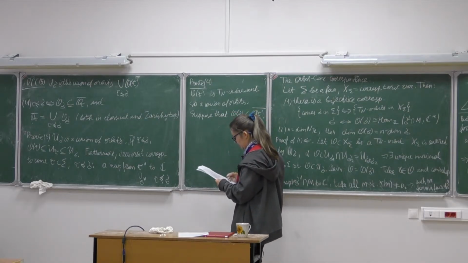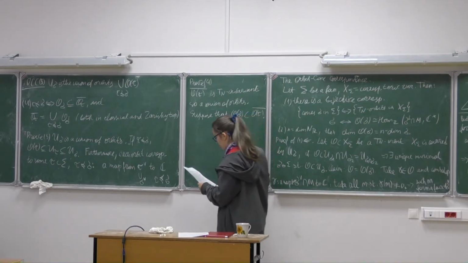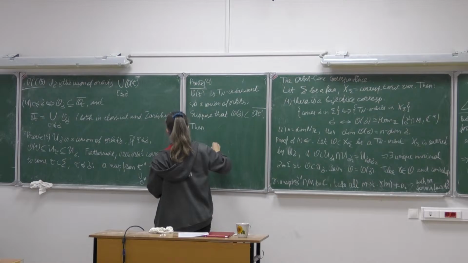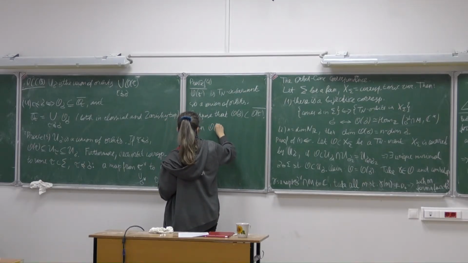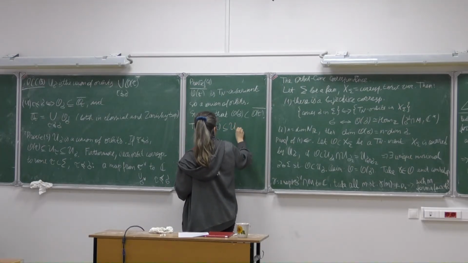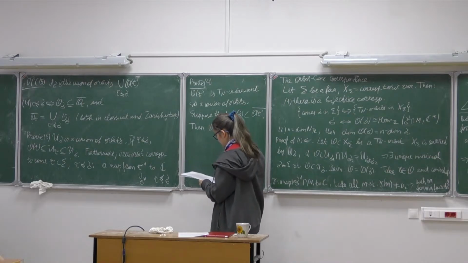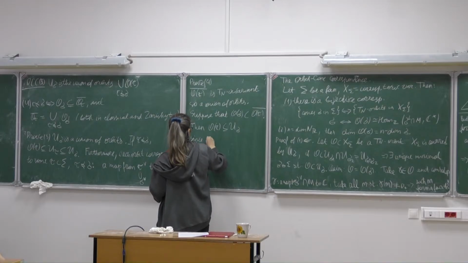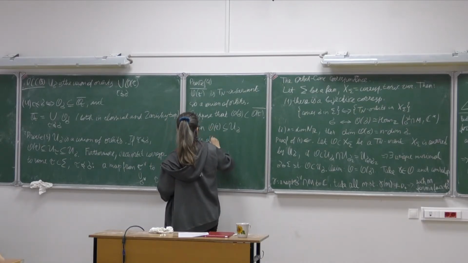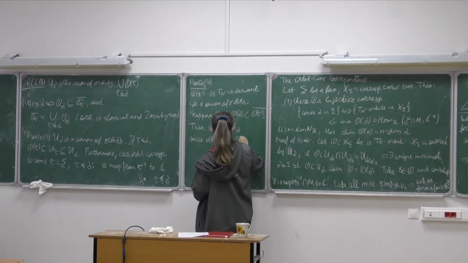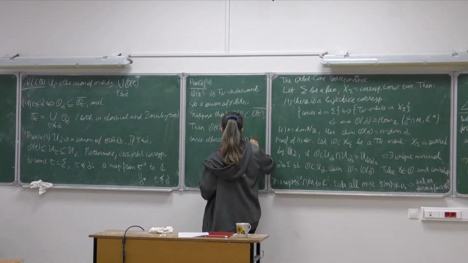In this case, we can write that O tau sits in U sigma, since otherwise we have O tau intersected with U sigma is empty.